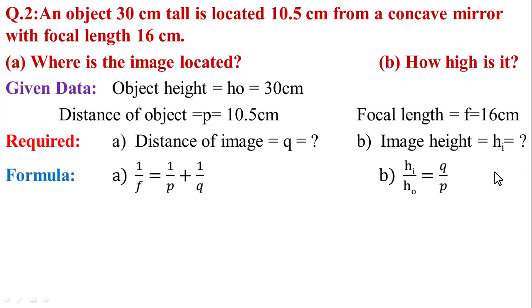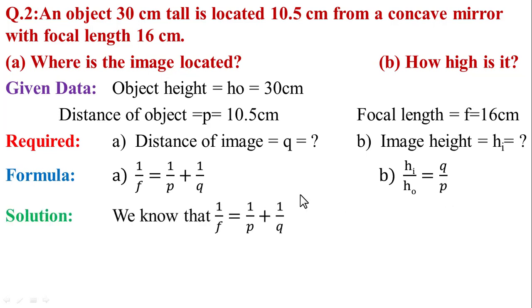Now for the first part, image distance q, we can use the formula 1 over f is equal to 1 over p plus 1 over q, and for part B, image height hi, using the formula hi over h naught is equal to q over p.